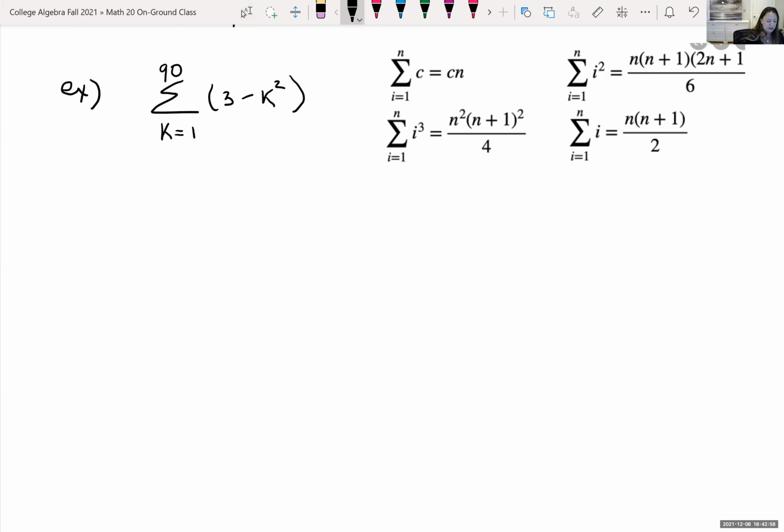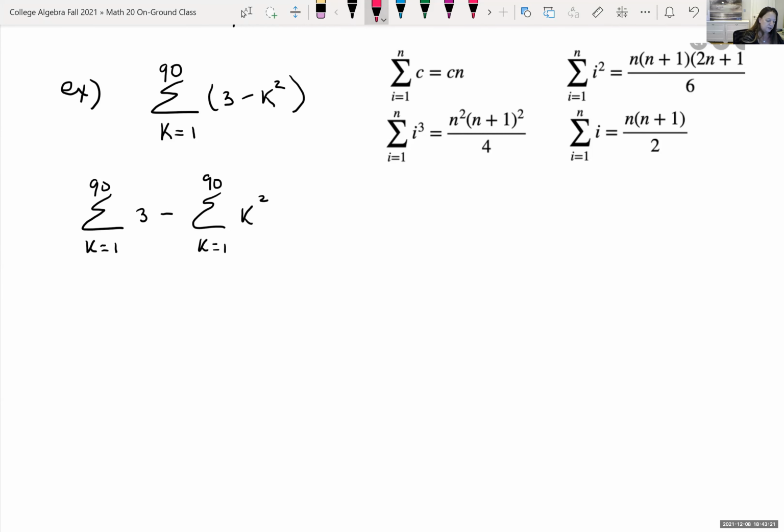This is the same thing as the summation from k equals 1 to 90 of the first term in the formula of the sequence, which is 3, minus the summation from k equals 1 to 90 of k squared.